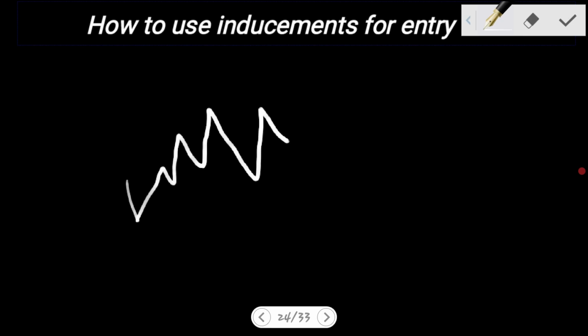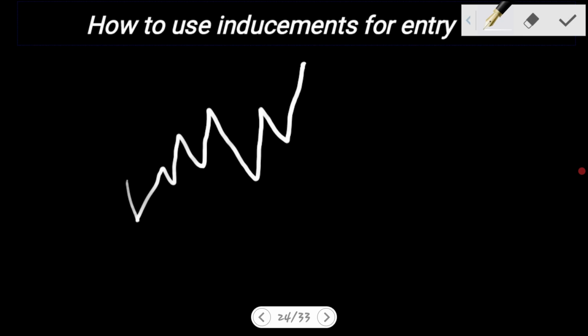Last time I talked about inducements, how you identify them, and how you can identify a valid high and a valid low. Now, if you're trending, let's say you're bullish.